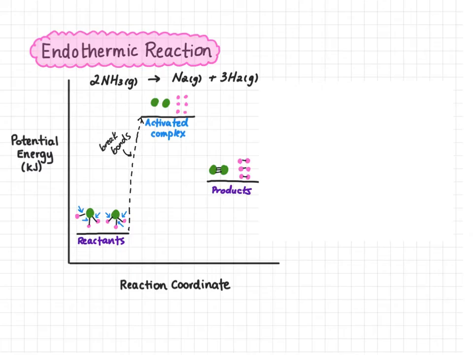In our activated complex, the bonds in our reactants have broken and our atoms begin to rearrange. This is the highest energy state of the reaction. Once we've rearranged our atoms, we can form new bonds. And once again, there's a release of energy when bonds are formed.